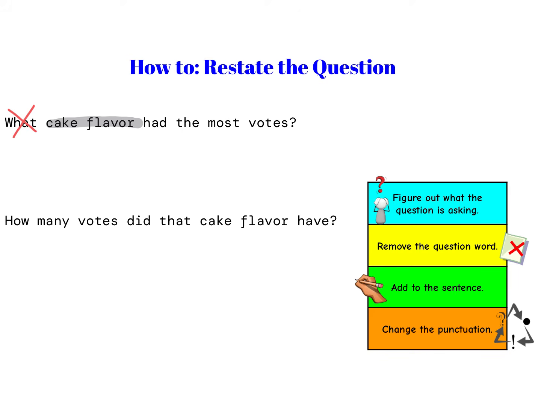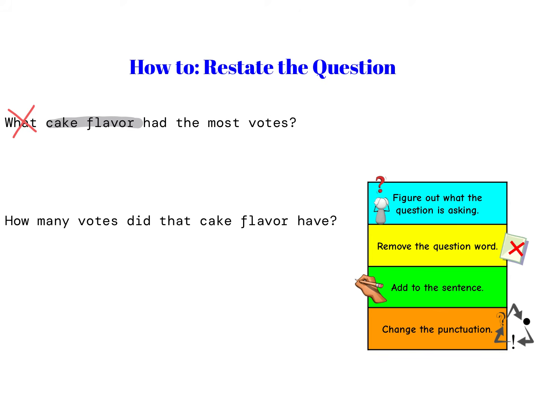And I need to add to the sentence so that it makes sense and it has a complete thought. Now, based on what I learned, the question is asking me to tell the cake flavor that has the most votes.